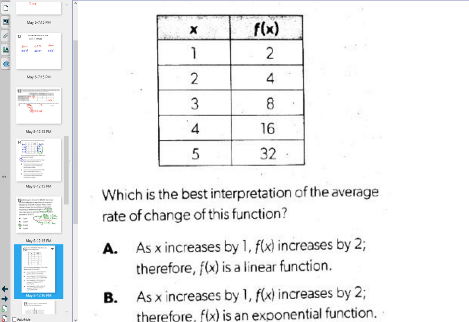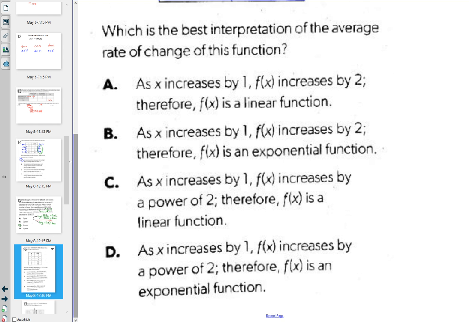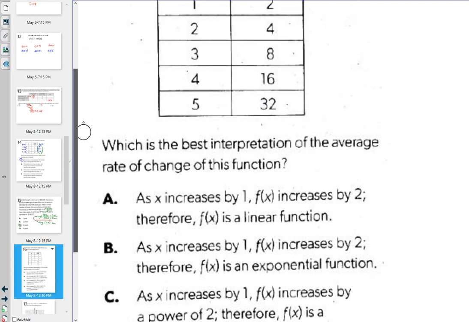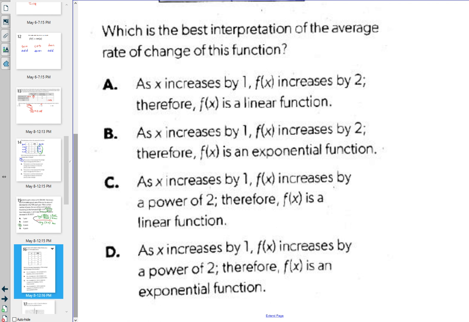So as x increases by 1, f of x increases by 2, no. By a power of 2. It's not by a power of 2. That's not a good word. 2 squared, 4 squared. It should be by a factor of 2 maybe.